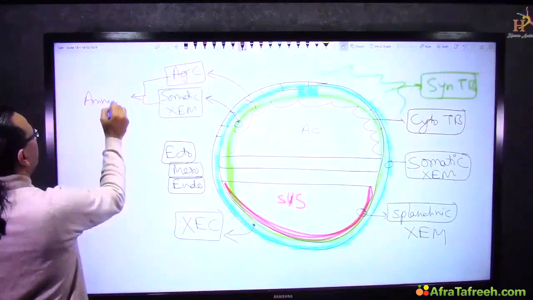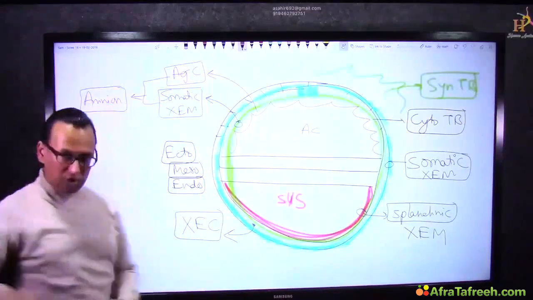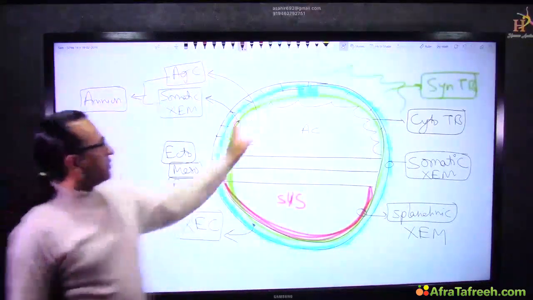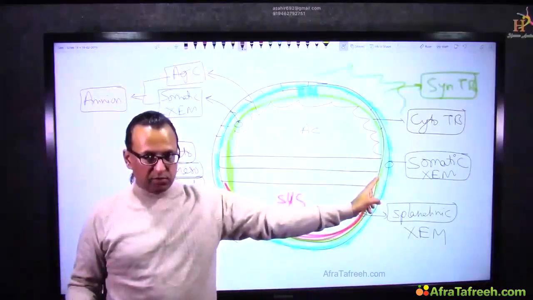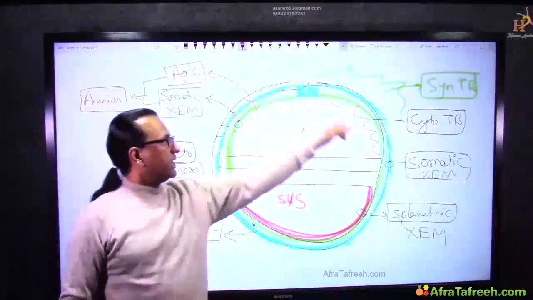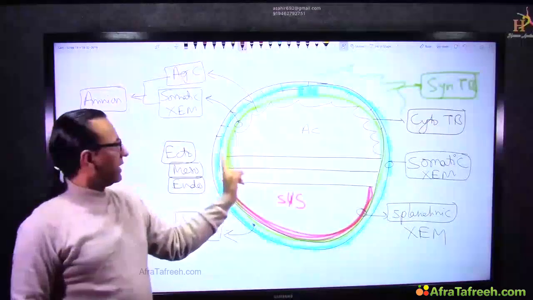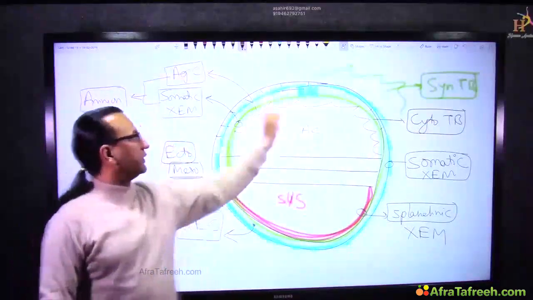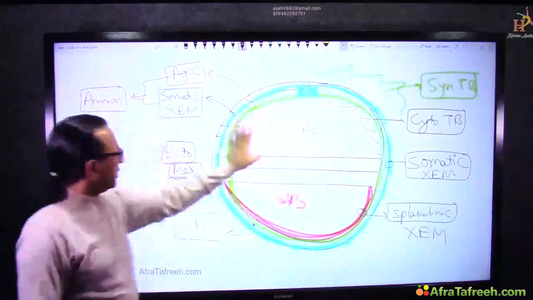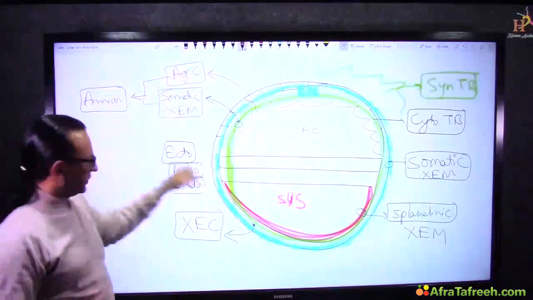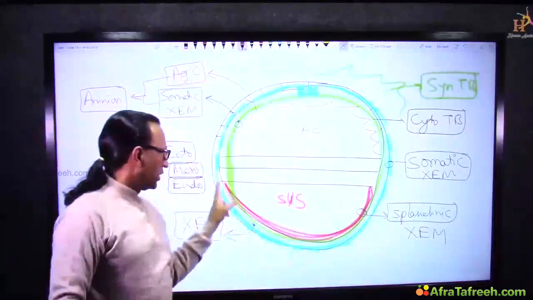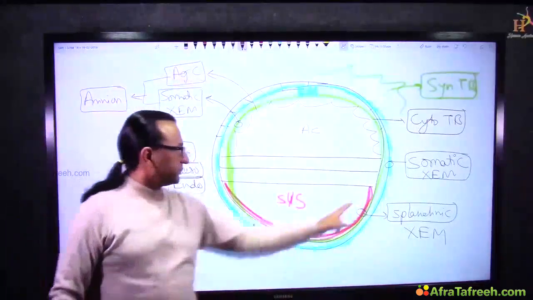This membrane is called amnion membrane. First of all, amnion is the membrane which will cover the amniotic cavity, contributed by amniogenic cells and also the somatic extra embryonic mesoderm. And where is the visceral? Visceral is just covering the secondary yolk sac.